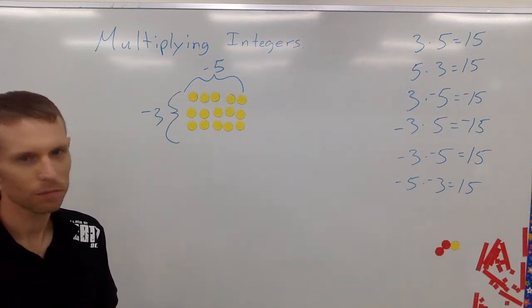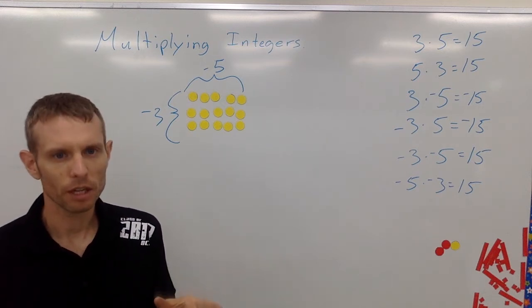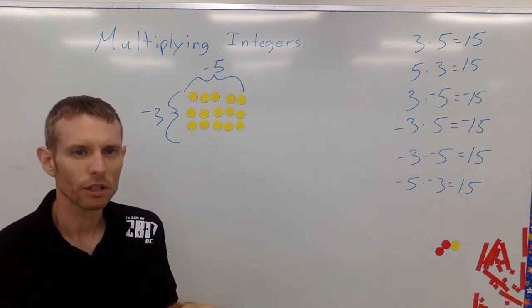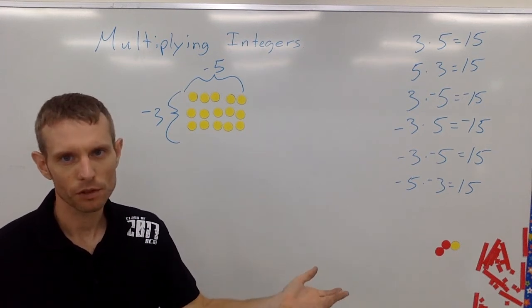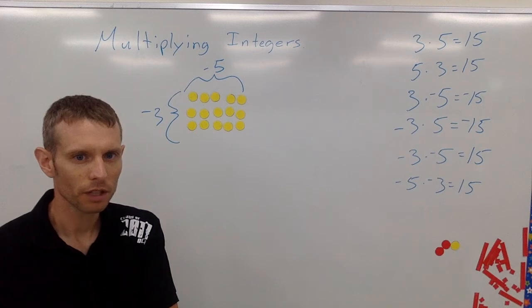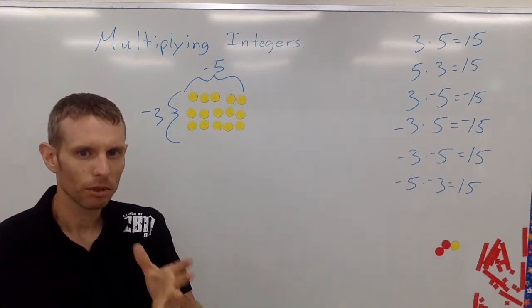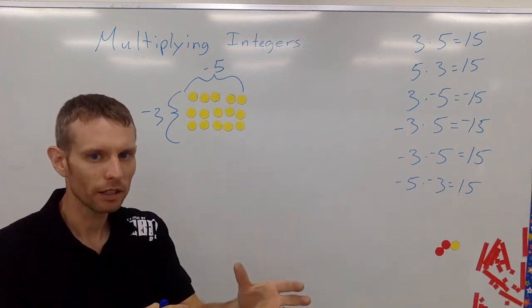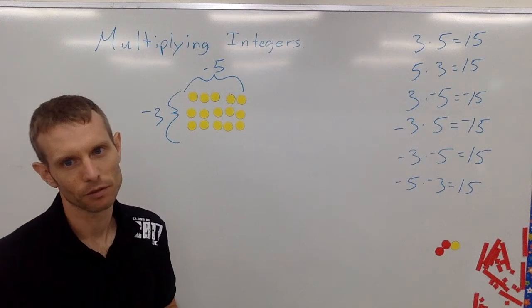Again, if you want to memorize, some people like to memorize that if you're multiplying two integers with the same sign, it gives you a positive. So for example, if you're multiplying a positive times a positive, the answer is positive. If you're multiplying a negative times a negative, it's the same sign, so the answer is also positive.